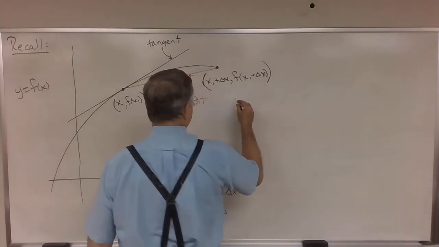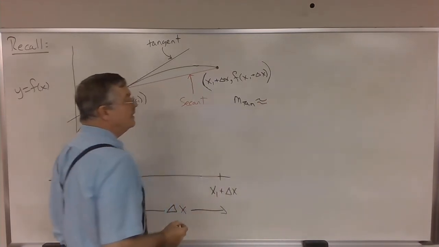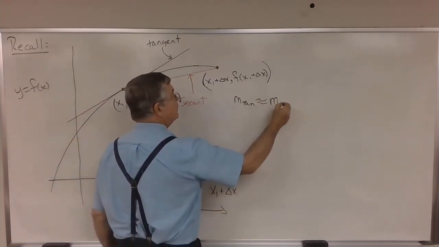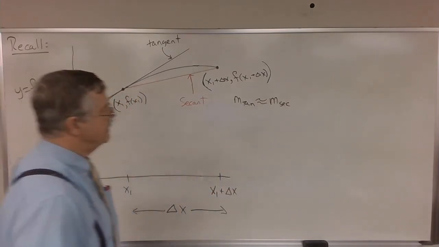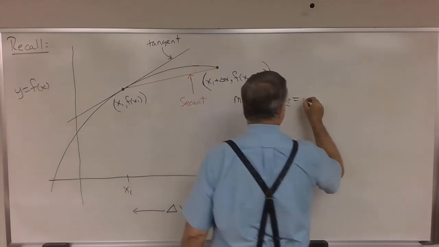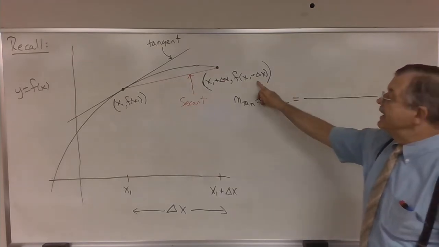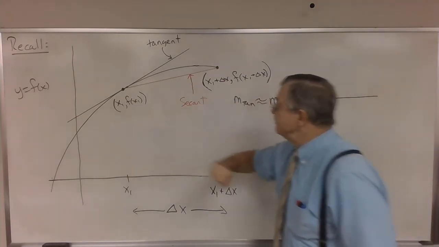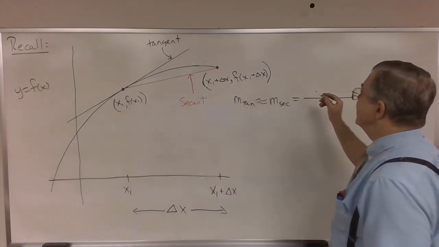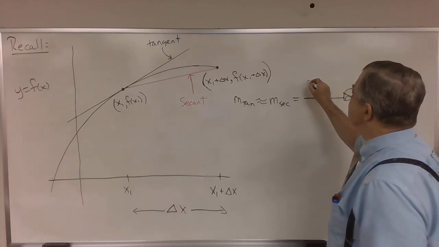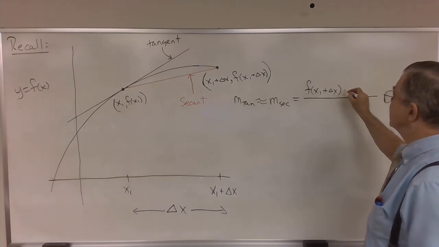And so I have the slope of the tangent, m sub tan, is approximately equal to the slope of the secant, m sub sec, and we just use the slope formula: y2 minus y1 over x2 minus x1. So that's y2, f of x sub 1 plus delta x.